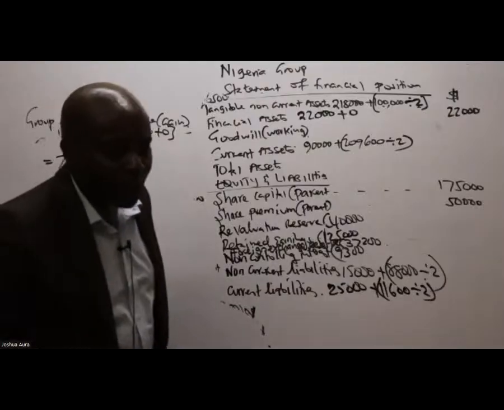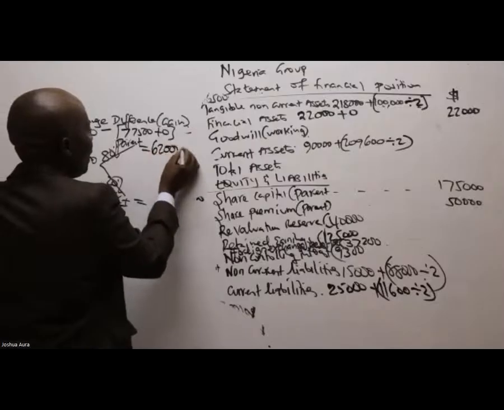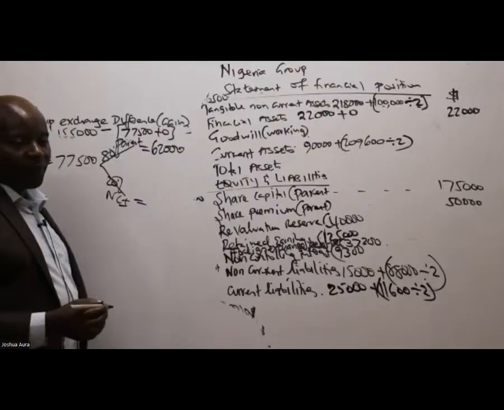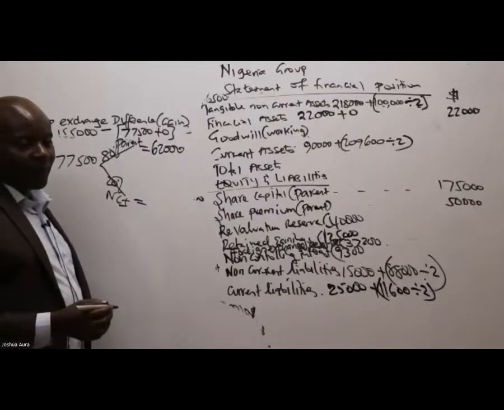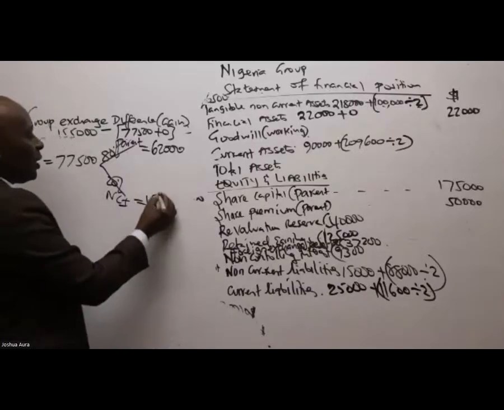So we have here Nimrod telling me that should be 62,000 here. Thank you very much. How about NCI? NCI is 15,500.